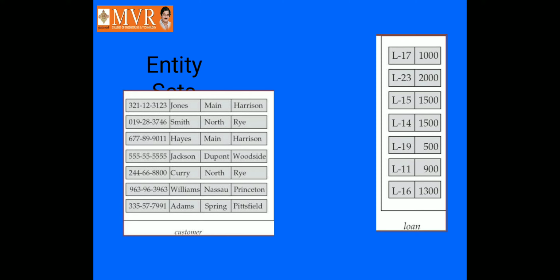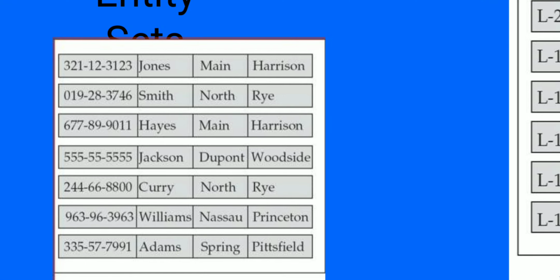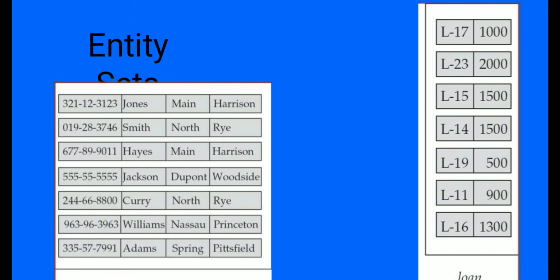See, I am showing you the entity set customer. The customer table has the account number, name, and different fields, and the loan has a loan account ID and the amount.